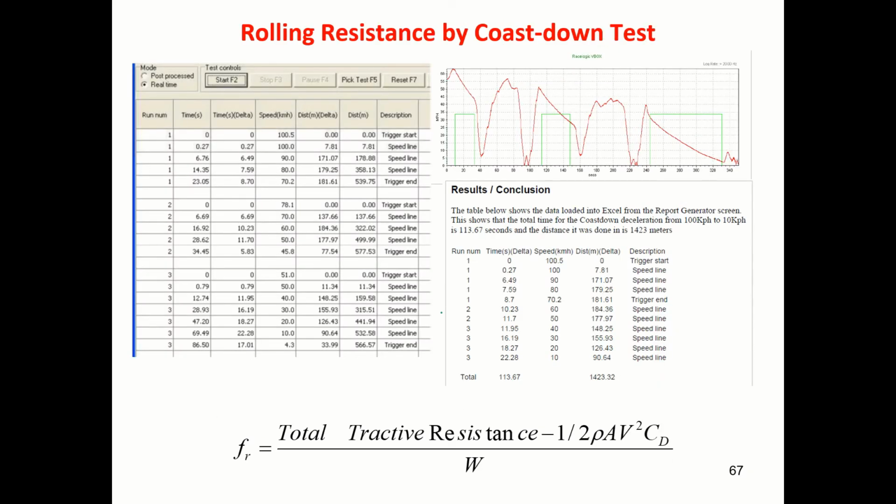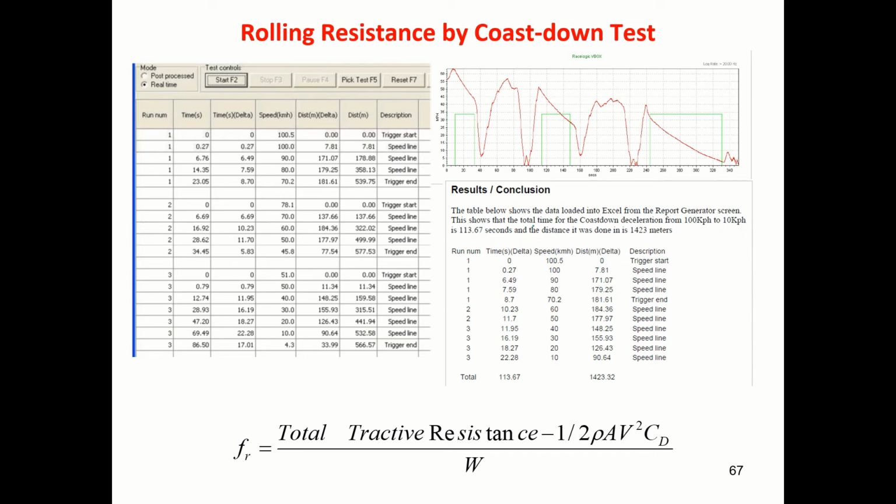So you have to do it for smaller steps. This is what they have done: run number, time, speed, distance covered, all these things. The table below shows the data loaded into Excel from the report generator screen.